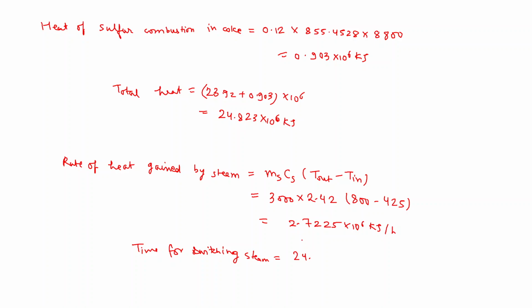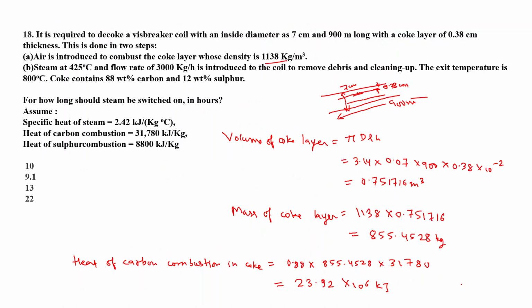So this total heat divided by heat used in 1 hour will give us the time for how long steam needs to be kept. So it is 9.117 hours. So the answer is for 9.117 hours, 9.1 hours, steam needs to be switched on.